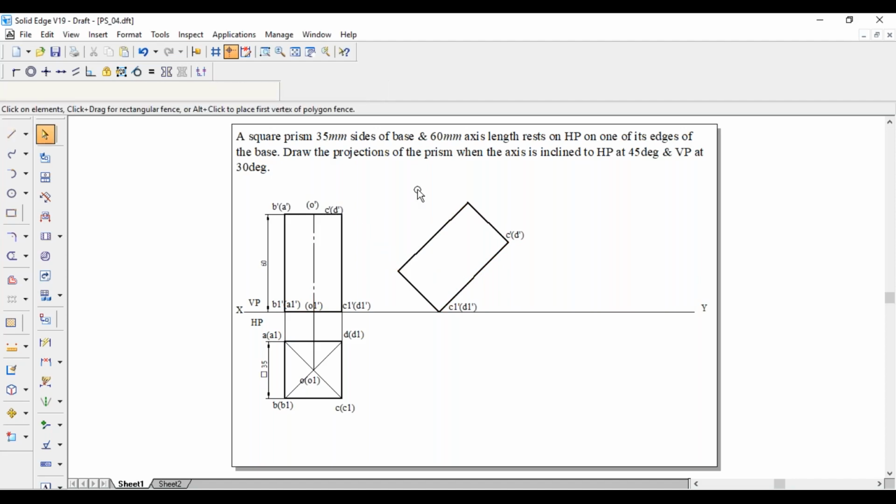This is B dash in the bracket A dash, and this one is B1 dash in the bracket A1 dash.